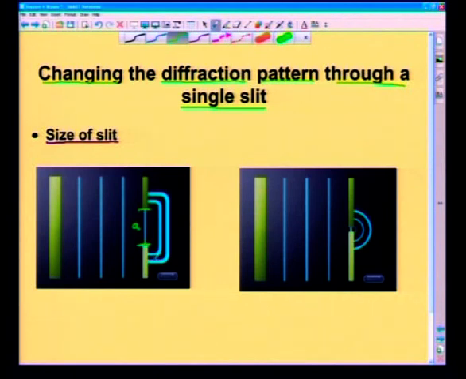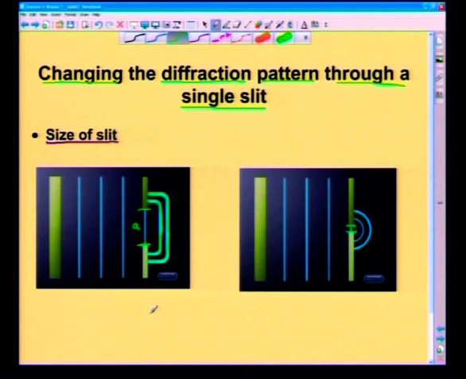So this is a bigger size of the slit compared to that one, which we will be touching on later. Let's concentrate on this one. Now, look at it. The disturbance here due to that slit has caused spherical waves to be formed in that way.